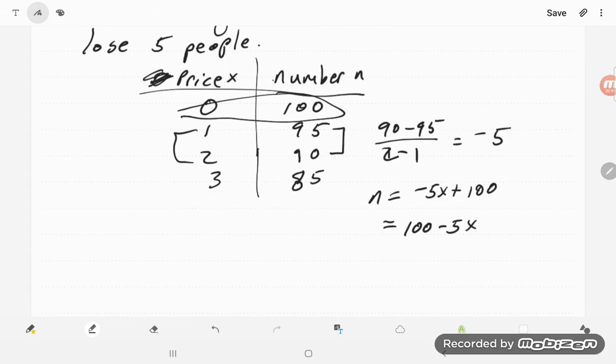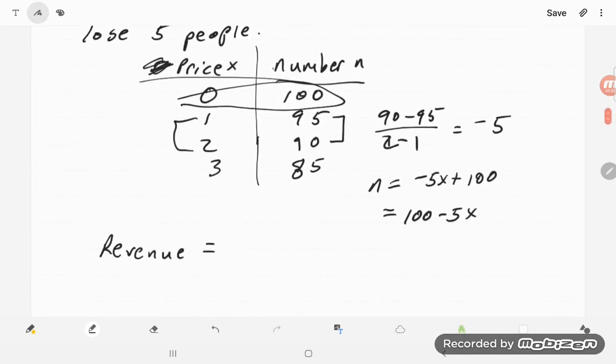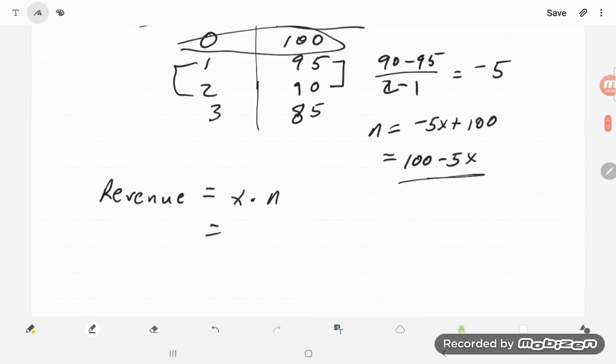And so now my revenue is, as before, x times N, right? So it's my price times the number of people. But now we are given a little more information, and so we get x times 100 minus 5x.